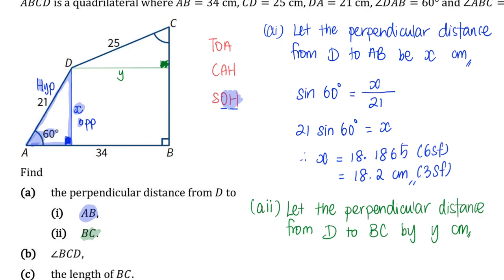In this case here, do take note, Y is this particular length here. So if we were to find this length here, which I will name as Z, then I will be able to find my Y, because the whole length AB is 34, right?